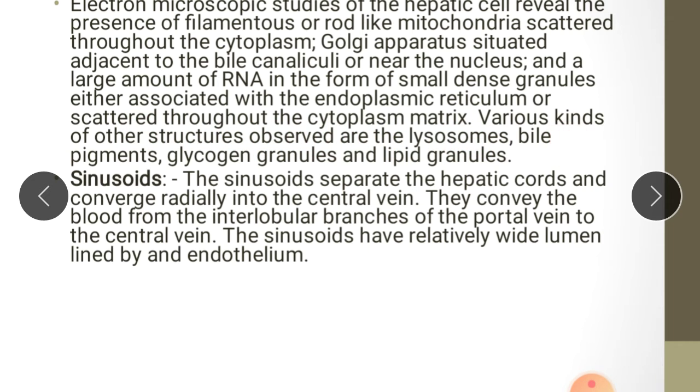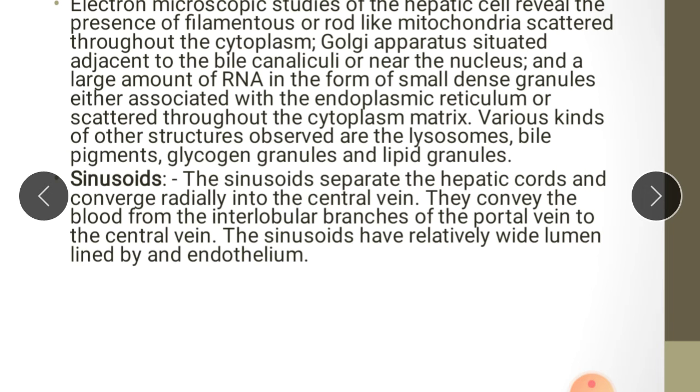Other structures observed are lysosomes, bile pigments, glycogen granules, and lipid granules. So these are the different structures present in each hepatic cell.